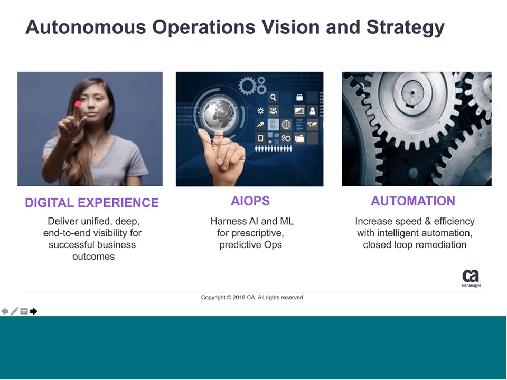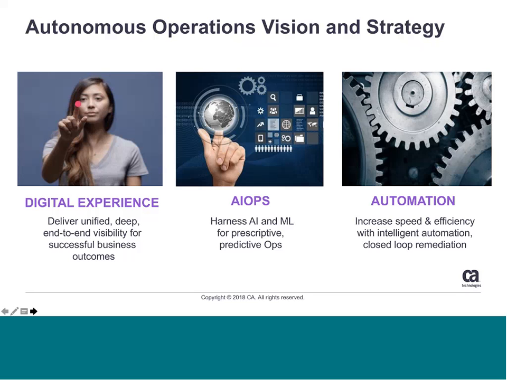That's what we're all here for, to provide that great digital experience to the user. And that's all possible with our CA Spectrum as well as our overall NetOps vision, which we'll talk about in the next slide.